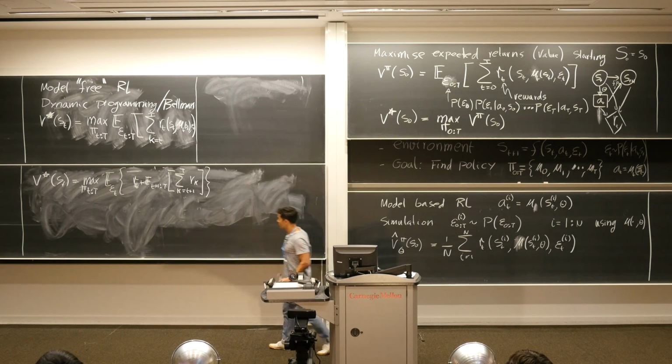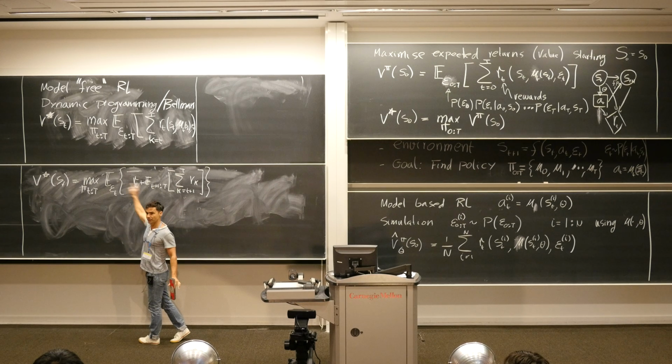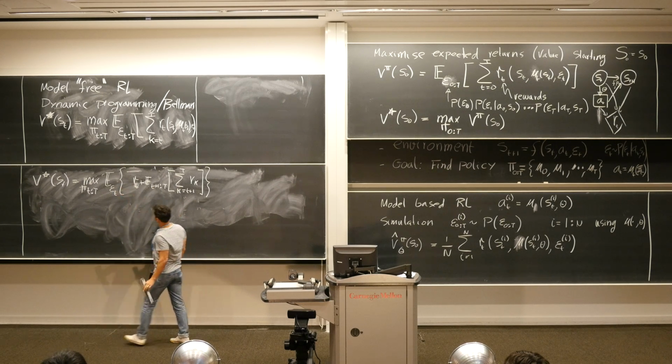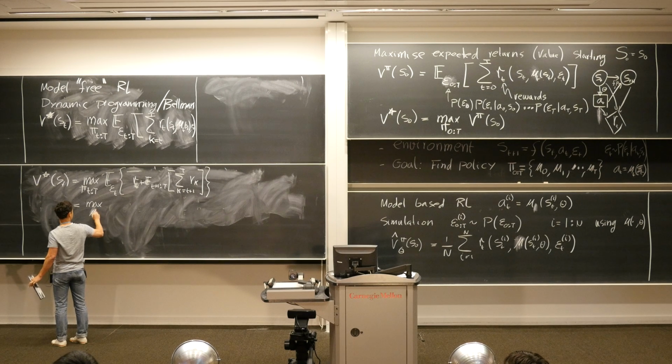And here, because RT is not a function of t plus 1, I can take it out of the integral. So I've just distributed it. The other thing I can do now is distribute the max. And so this now is mu t.